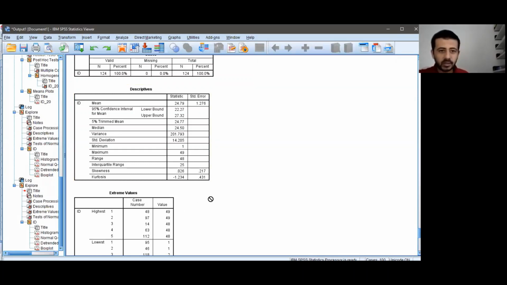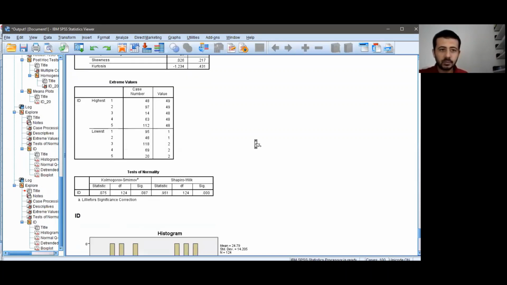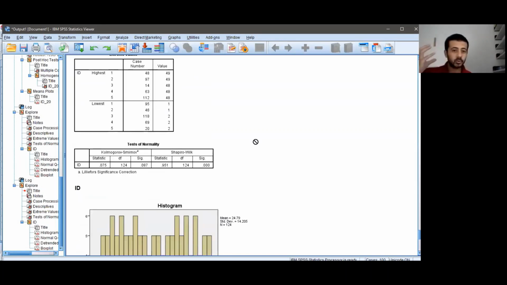What do I need to look at more than skewness and kurtosis? Skewness and kurtosis are for what? For the normal distribution. Exactly. Actually, they invented a test for normality.